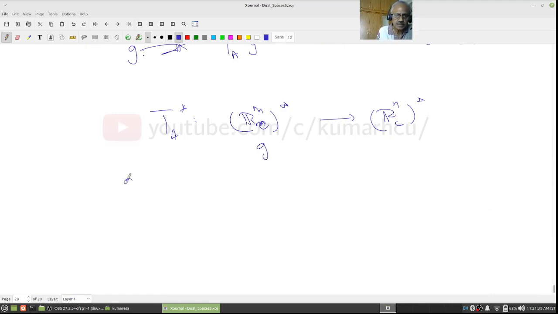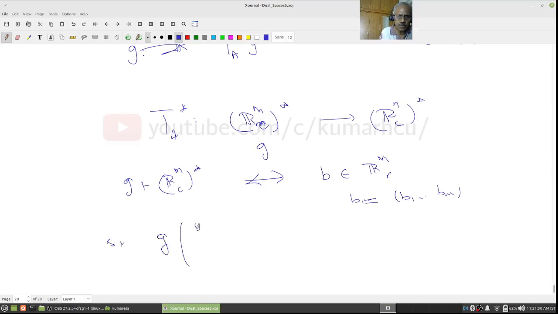Now since G is in (Rm)*, this G corresponds to a unique B in Rm, B equal to B1 to Bm, such that G of (y1, y2, ..., ym) is nothing other than (b1, ..., bm) dotted with (y1, y2, ..., ym).